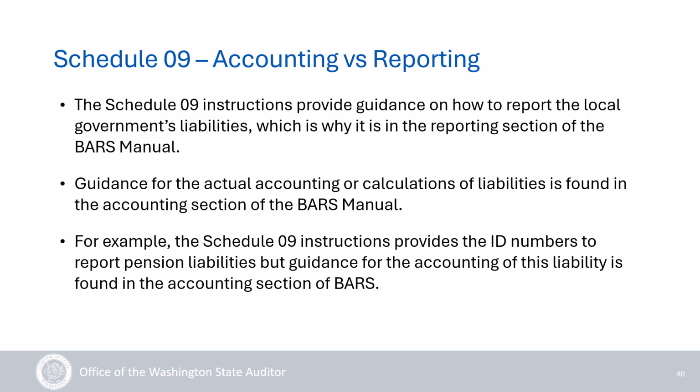Let's use pension as an example, since it does impact most governments. The Schedule 09 instructions provide the ID numbers to report the pension liabilities on the Schedule 09, but the actual calculation and accounting guidance is in the accounting section under liabilities.